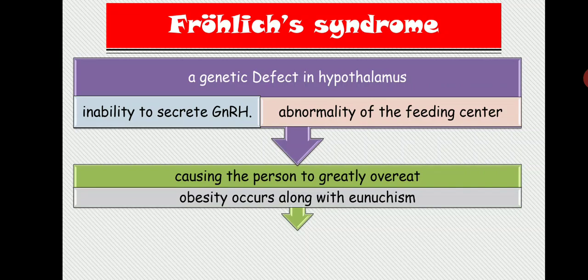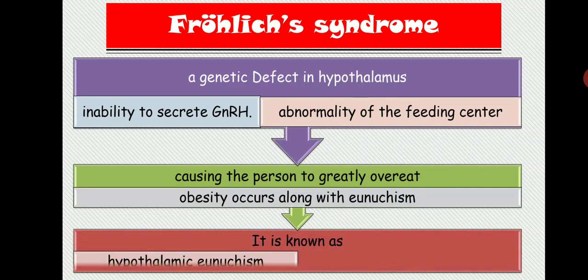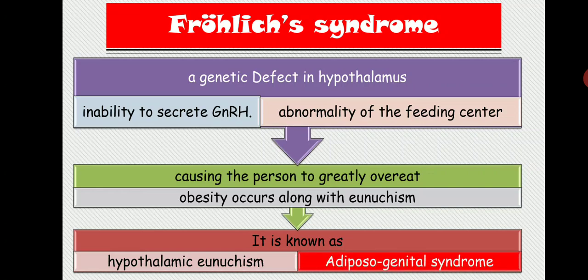Obesity is seen because of the abnormal feeding center. It is also known as hypothalamic eunuchism or adiposogenital syndrome, right? The person becomes adipose and there is a defect in genital development, so it is also known as adiposogenital syndrome. It is a new thing that is given in Guyton.